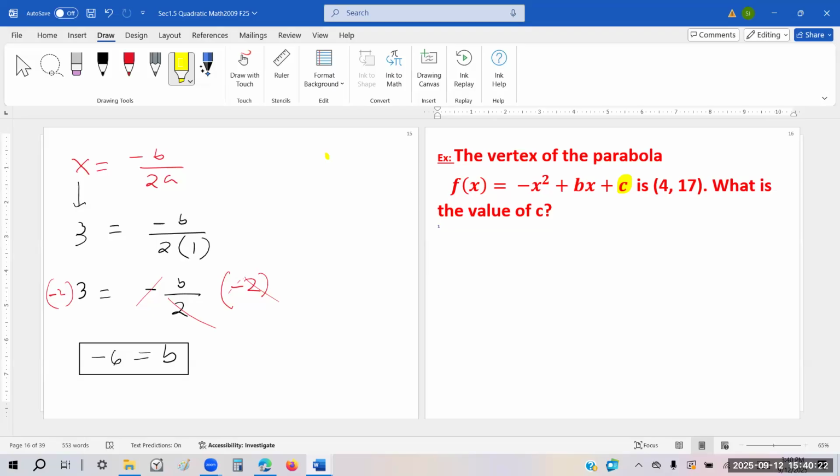Try to think about it. How can you solve for c? You can use Dimitri's idea. It's actually a combination of Dimitri's idea and Joanne's idea.